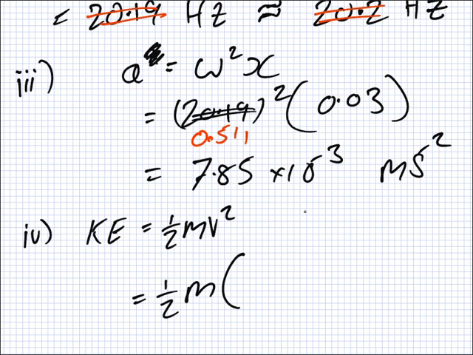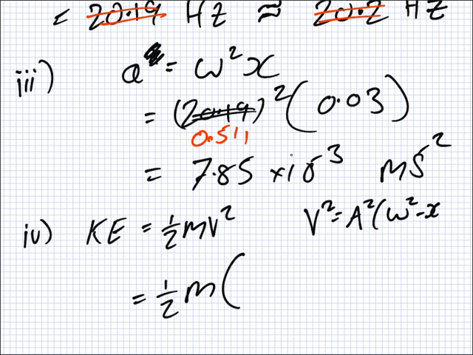Isn't there a formula that says v squared equals omega squared times a squared minus x squared? If you square everything, it's like this, is it? That's one of the formulas, isn't it?